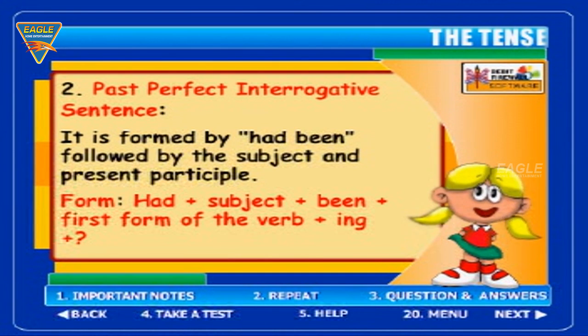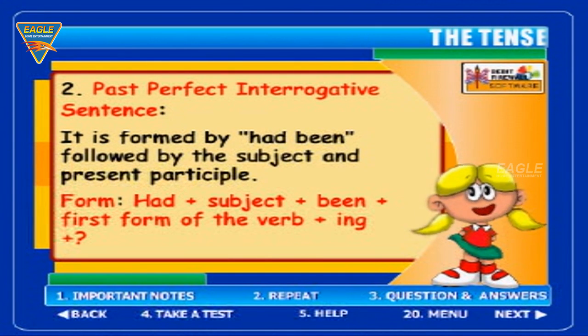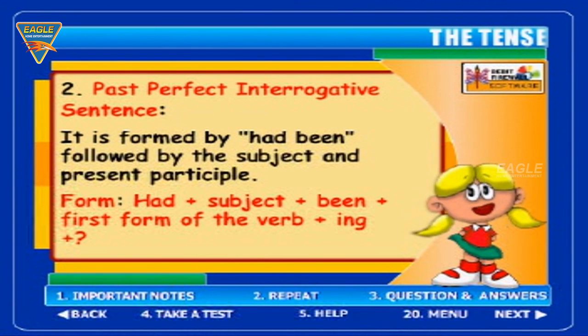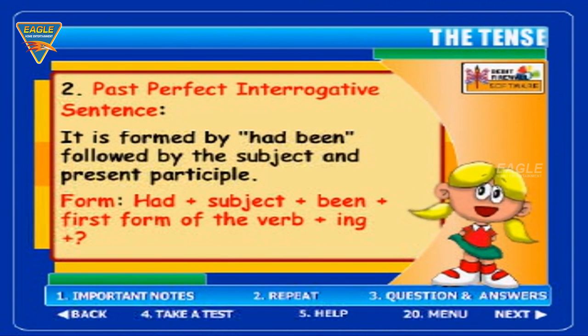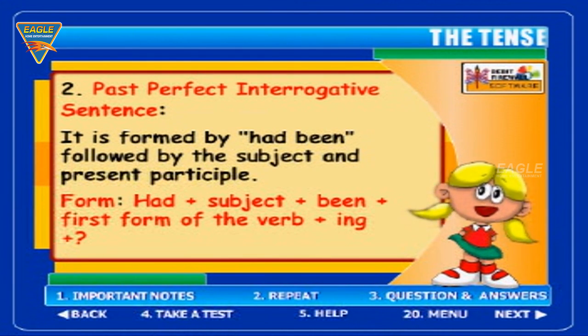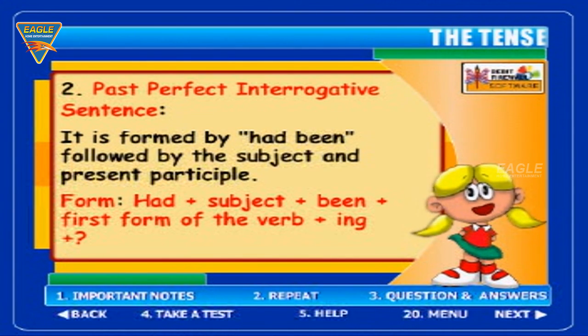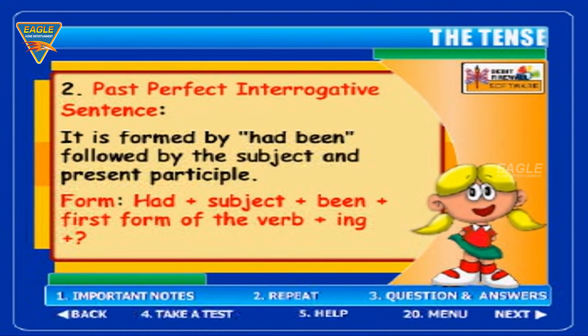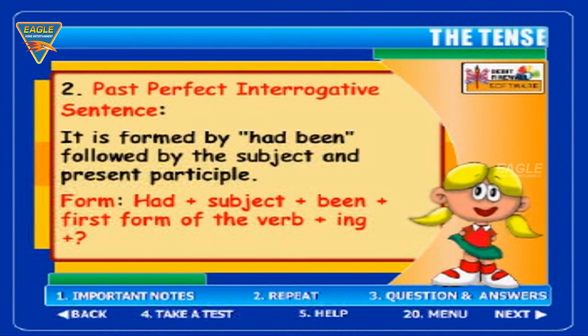Past perfect interrogative sentence. It is formed by had been followed by the subject and present participle. Form: had plus subject plus been plus first form of the verb plus ing plus question mark.